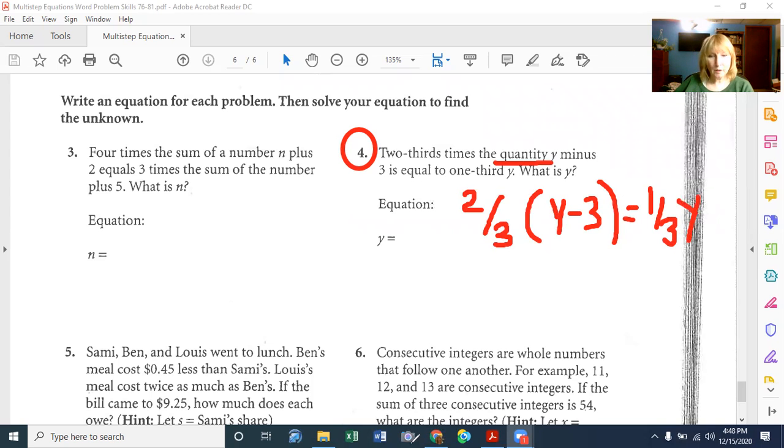There you go. And then you solve for y. Again, on this side, you're going to have to use the distributive property first, 2/3 times y, and then 2/3 times negative 3 before you can solve for y.